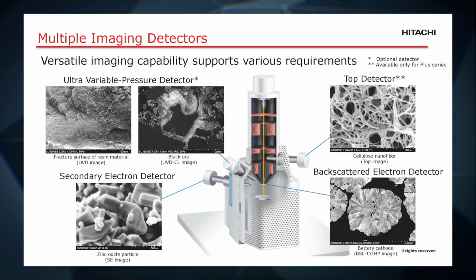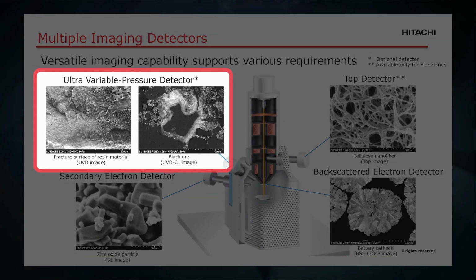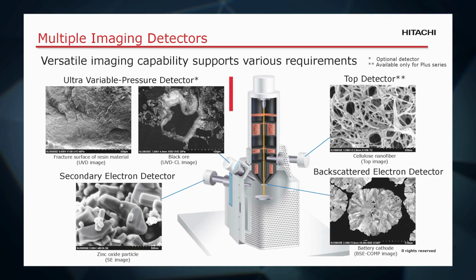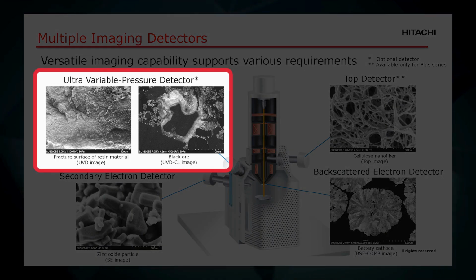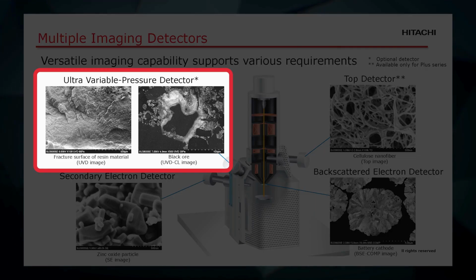For further imaging capability, the system can support an additional top detector and an ultra variable pressure detector. The top detector can be used for visualizing top surface structure in beam deceleration mode. And the UVD detector, the ultra variable pressure detector, is for SE imaging under variable pressure mode.